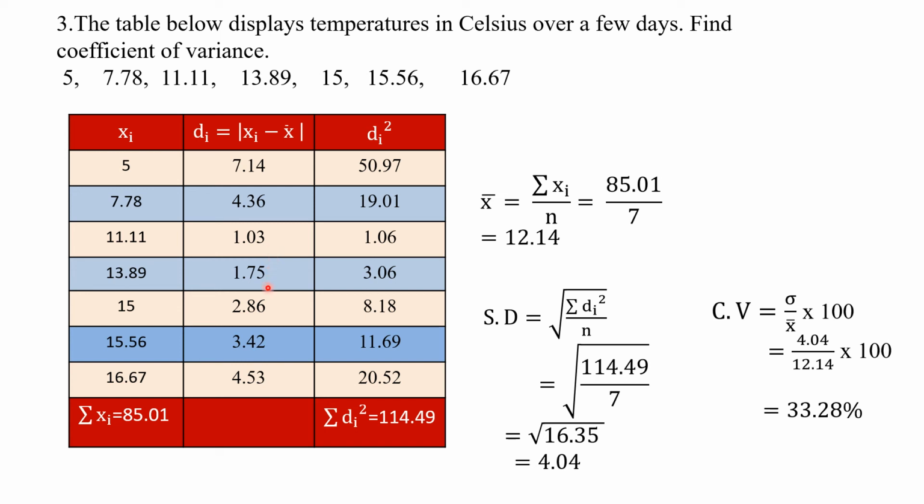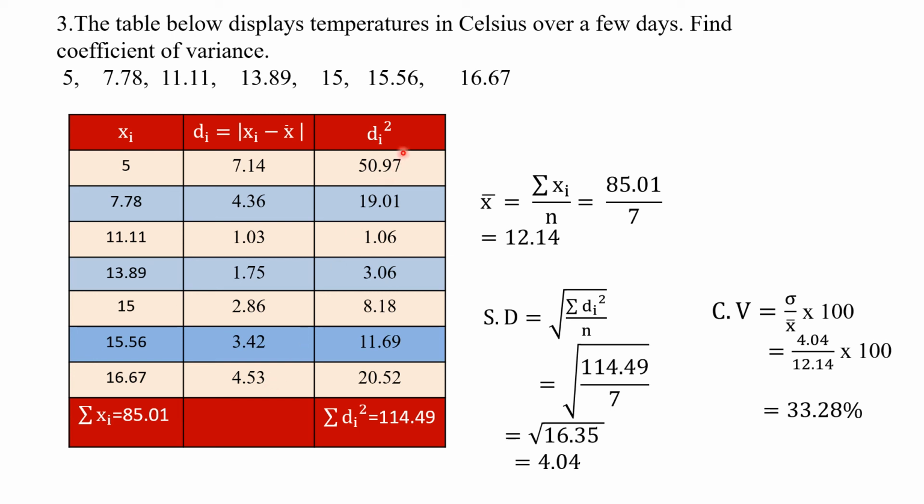Mod of 13.89 minus 12.14 is 1.75. Mod of 15 minus 12.14 is 2.86. Modulus of 15.56 minus 12.14 is 3.42 and modulus of 16.67 minus 12.14 is 4.53.